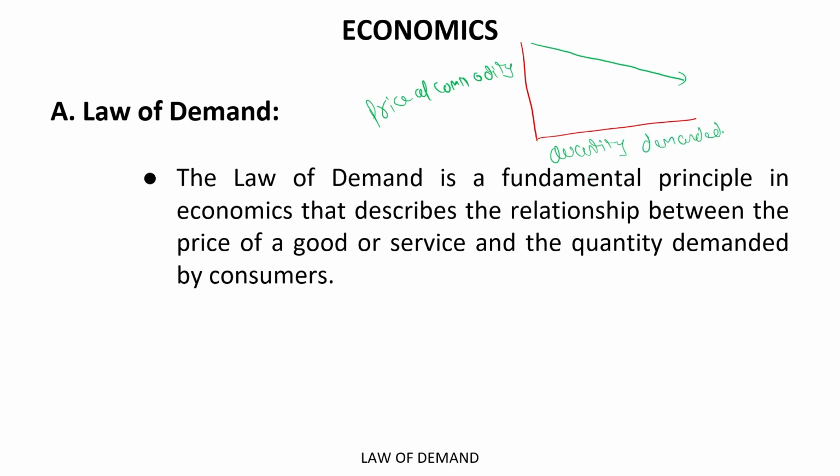As you can see, as the price goes up, the quantity demanded goes down. So there is always an inverse relationship between the price of the commodity and the quantity demanded of the commodity.